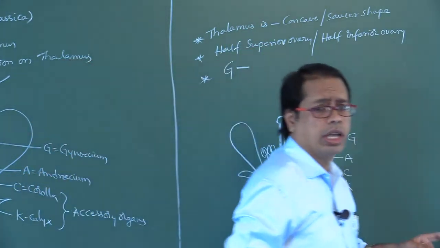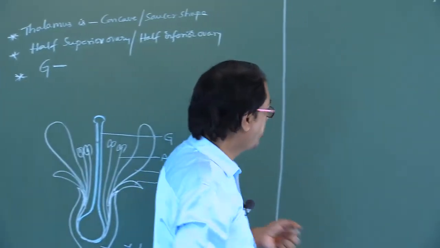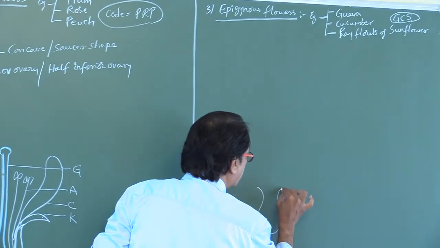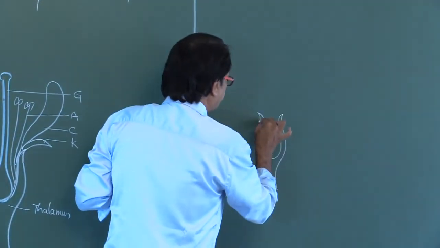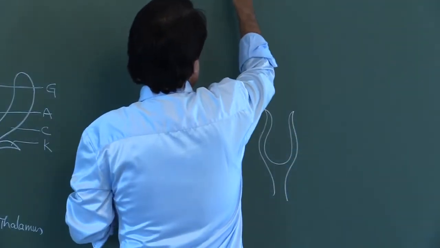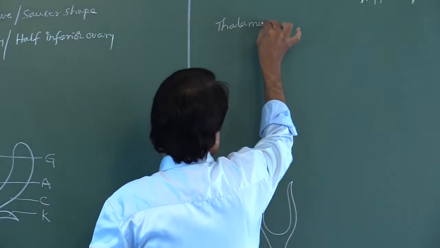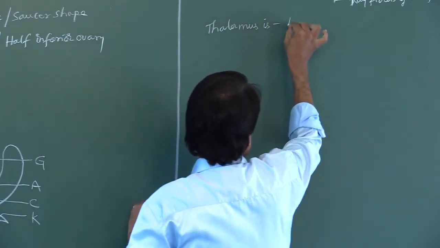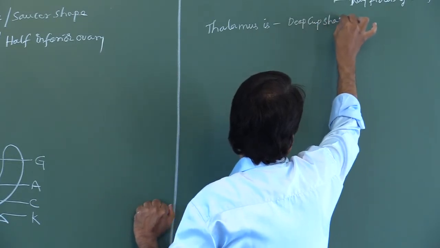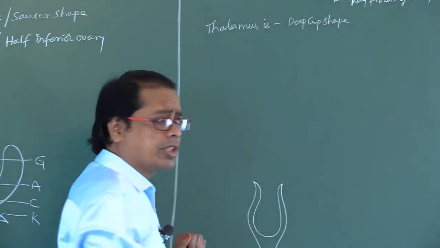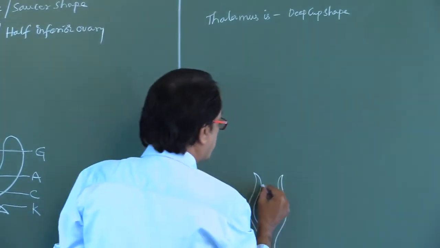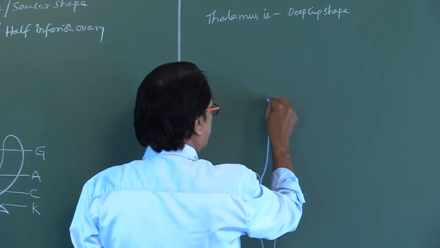Next, go to epigynous flowers. Let's suppose this is the thalamus. Thalamus is deep cup shape, and this is the ovary, gynoecium.